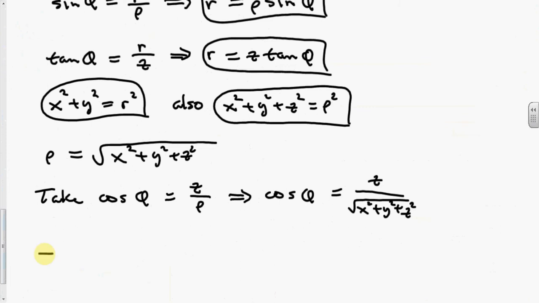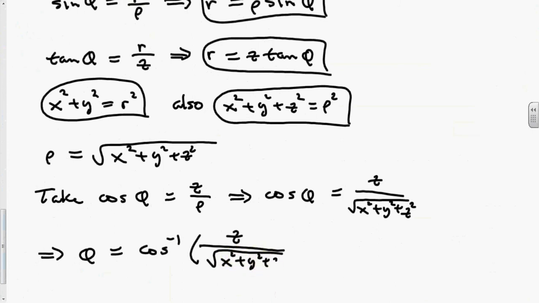And that implies for the angle itself that phi is equal to cosine inverse of z all over the square root of x squared plus y squared plus z squared.